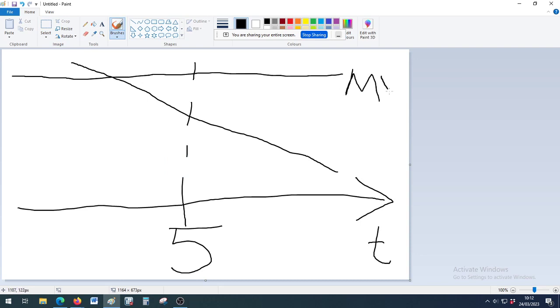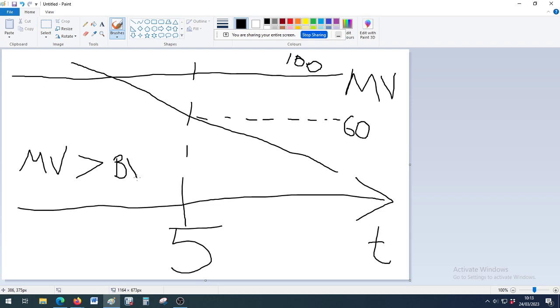This is market value, first situation. Let's give it a value of, for example, 100,000. And let's say the book value at the time of sale is 60,000. In this case, market value is greater than the book value. In that situation, your company will have to pay tax.